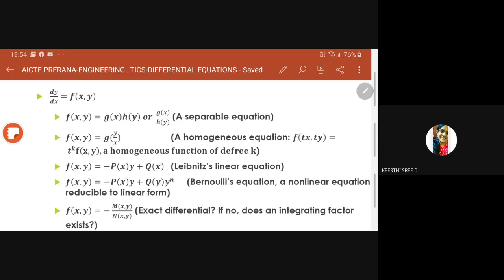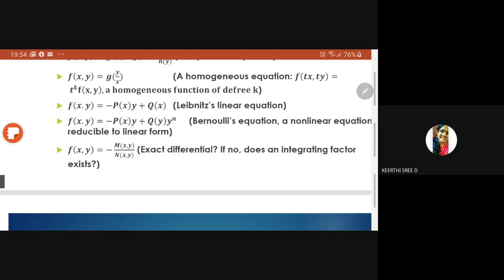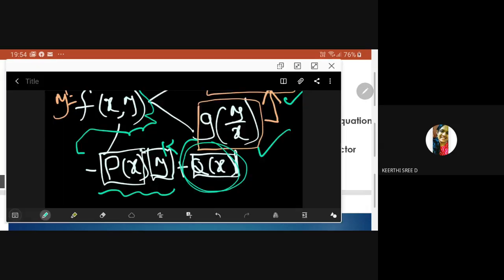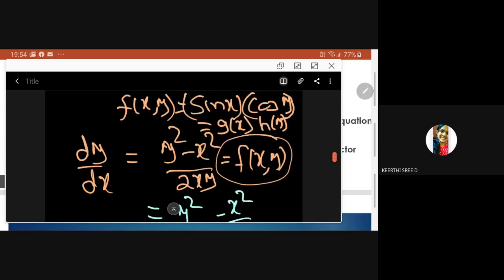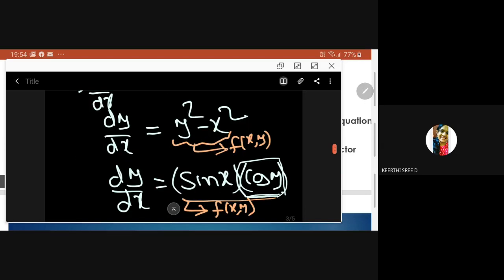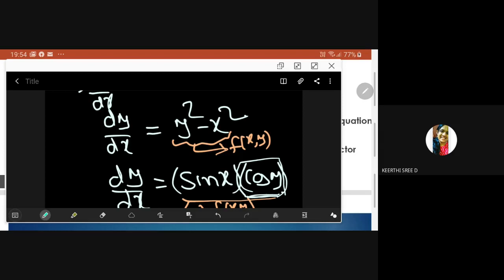I'll correct it. Then the other case is you have f of xy equal to m of xy by n of xy. Okay, fine. How is this? See, if we look at this equation, yeah, y square minus x square. Now I will ask a question. See here, y square minus x square.